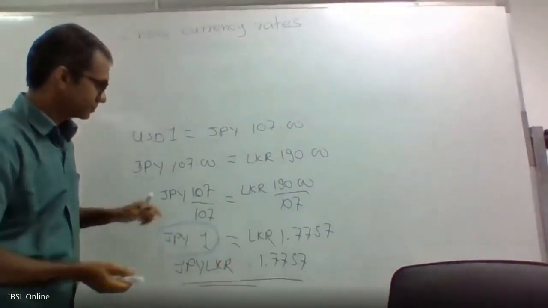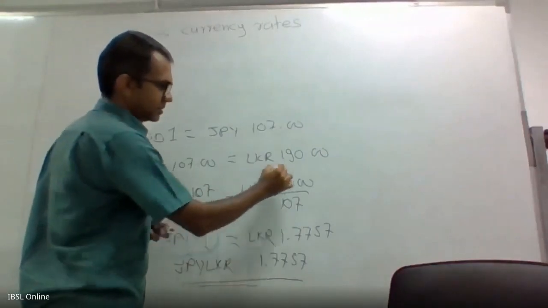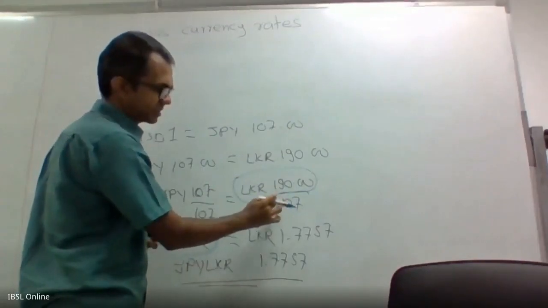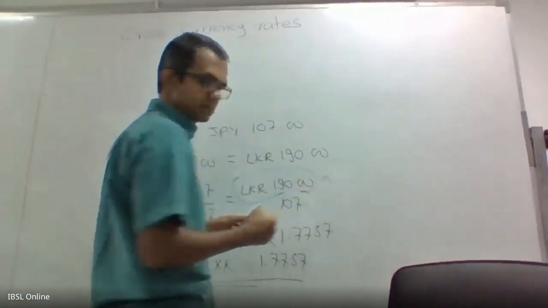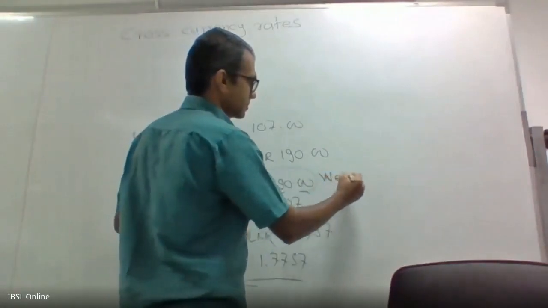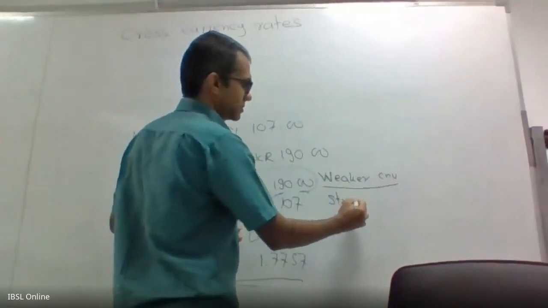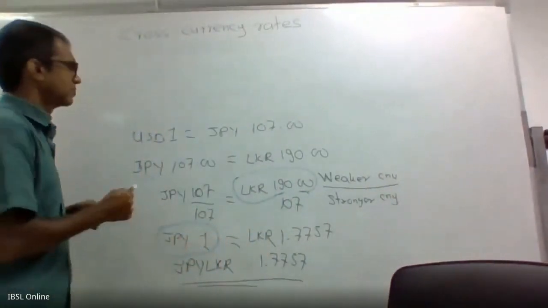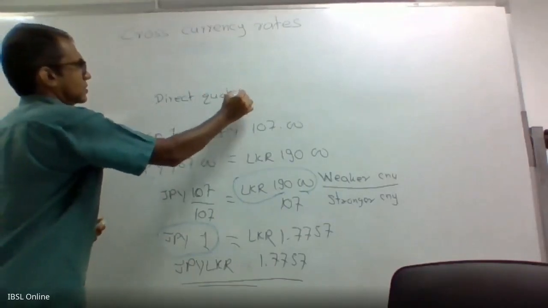And remember here, ultimately how we get this answer: exchange rate of the weaker currency divided by the exchange rate of the stronger currency when both are direct quotes.